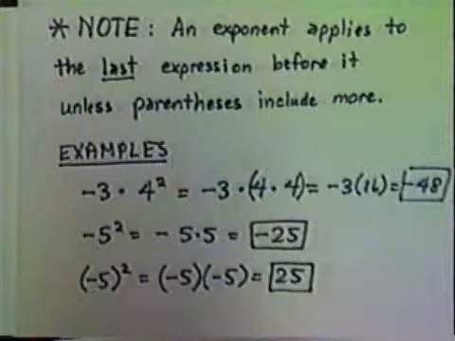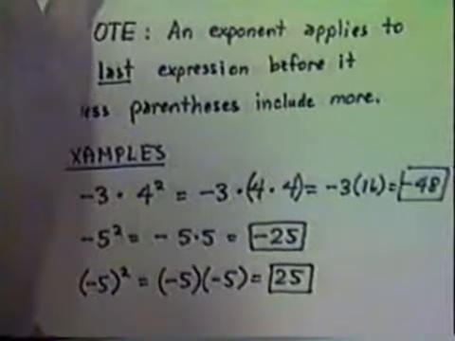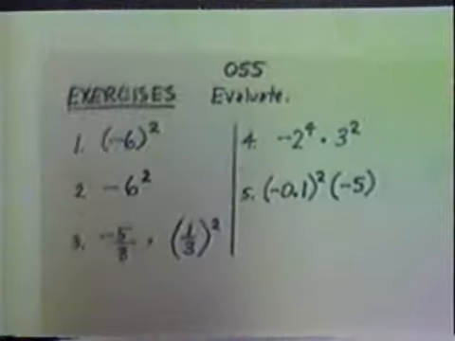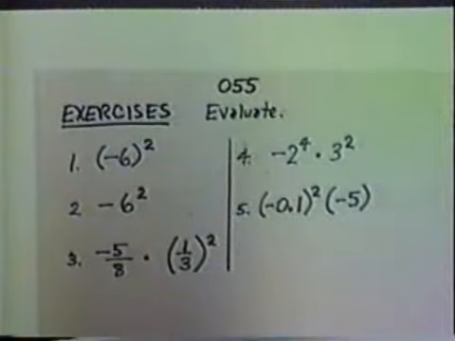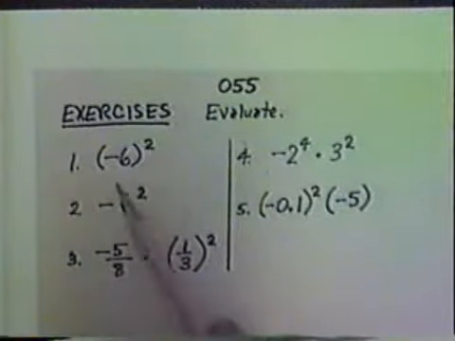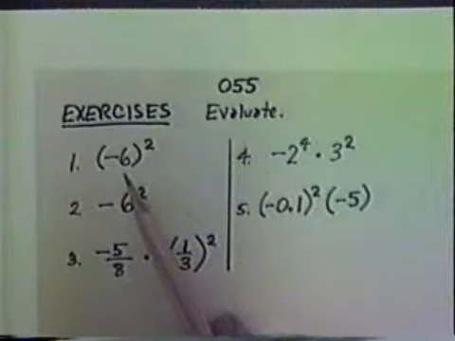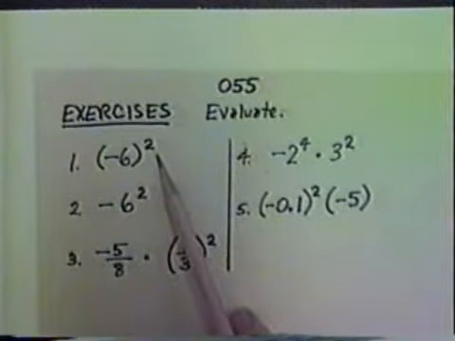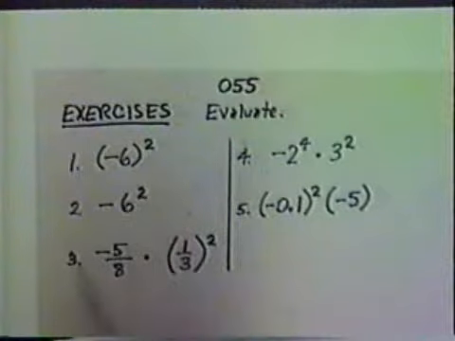Let me give you some exercises now to try. Copy these down, stop the tape, work the problems, turn the tape back on and check your answers. The exercises say to evaluate. Exercise 1 is negative 6 in parentheses with an exponent 2. Exercise 2 is the opposite of 6 squared.